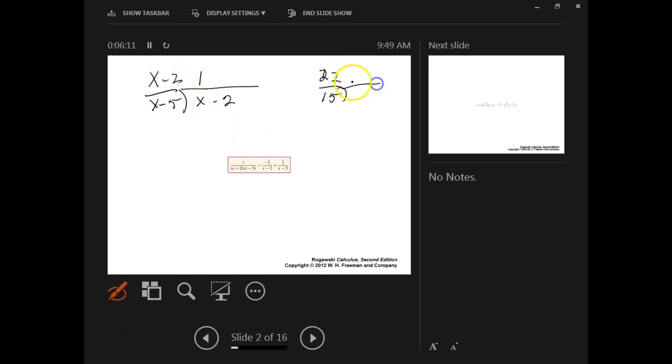What will you do here? 15 into 22. That would go one time. Then you multiply. 1 times 15 is 15, right? So 1 times x minus 5 is x minus 5. And then you do what? Subtract, which is the same as change signs and add. That gives you 3. So this would be plus 3 over x minus 5.